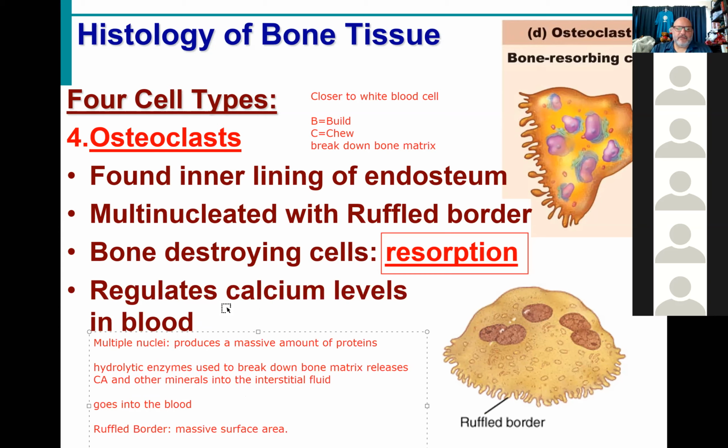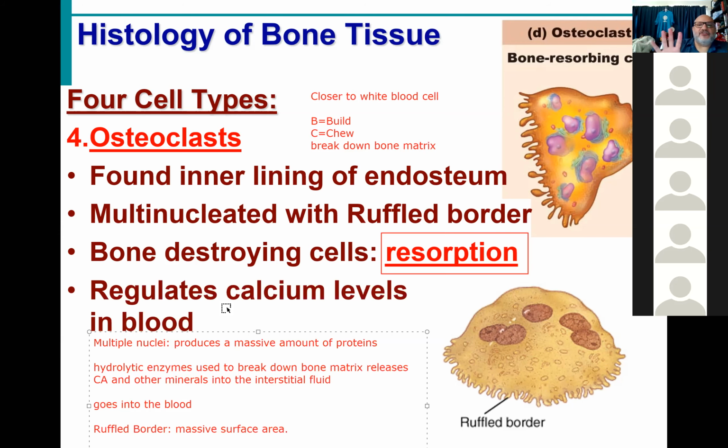Quick question. Yes. You said that it has a ruffled border, which gives us the massive surface area. And what was the advantage of that? Well, remember, if it's going to be laying against the matrix of the bone, the more plasma membrane it has in contact with the bone, the easier it's going to be for it to release its digestive enzymes and effectively break the bone down. Think of it this way.